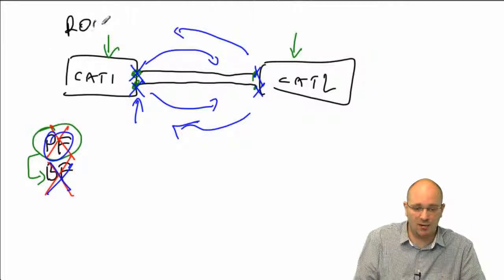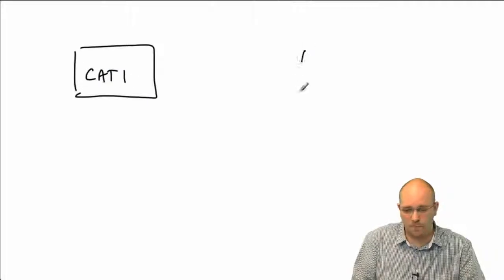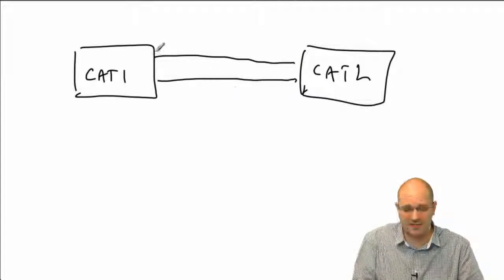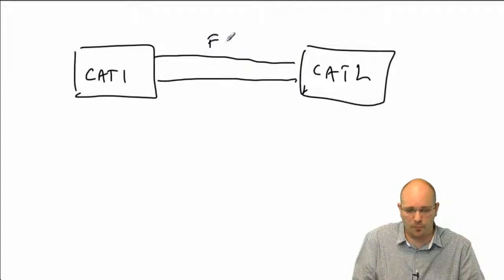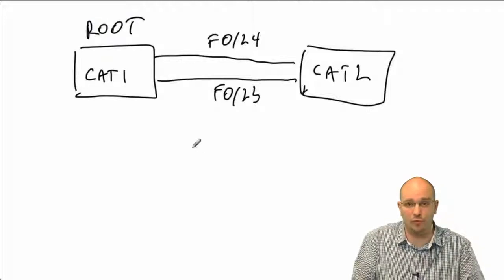Remember, cat1 will be the root. What I'm going to set up is cat1 and cat2, with two links between them. I'm going to use two Fast Ethernet links. The top one will be FastEthernet 24 and the bottom one will be FastEthernet 23 on both sides. And this one here will be the root.